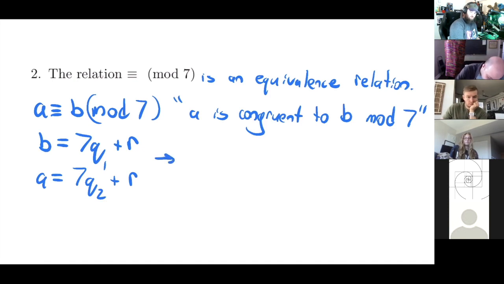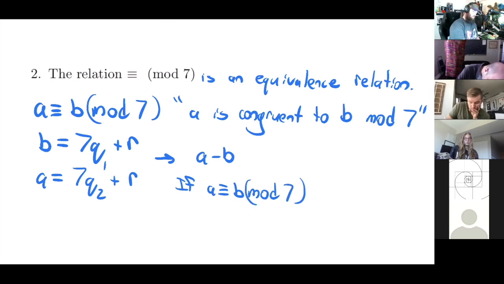So in other words, if I take A minus B, then that tells me if I take the difference of A and B, those remainders, those R's, would cancel each other out.